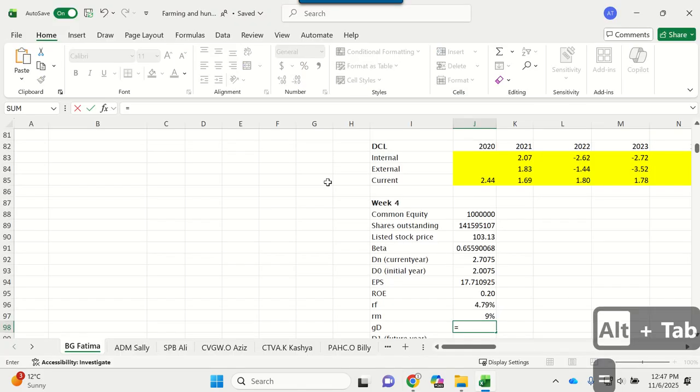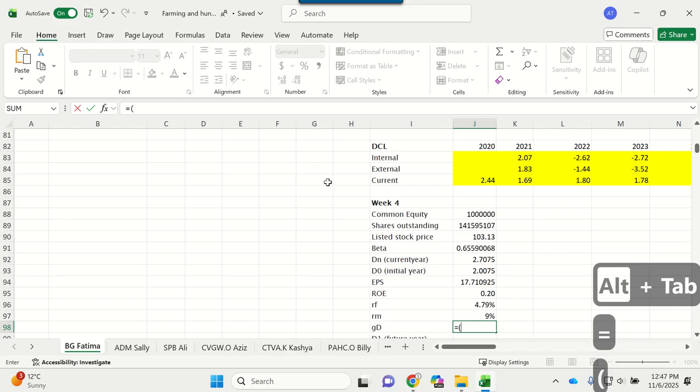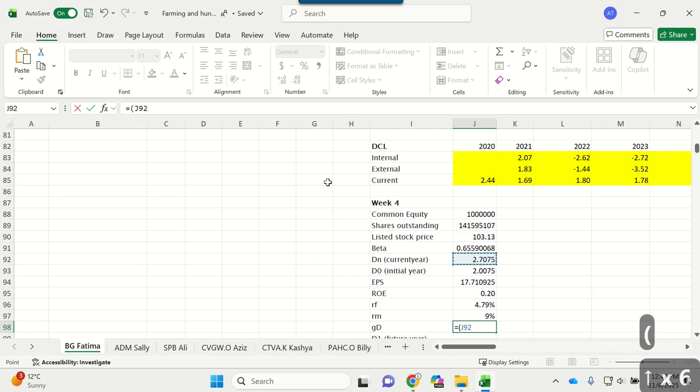So it's equal, I'm going to put it in brackets, the most current year, Dn, divided by the initial year, D0, close brackets, and an exponent is, you hold down shift and it's the caret, it's what you get when you hold down shift and press 6, and then in brackets 1 divided by 4, close brackets. And now if I put minus 1, the minus 1 is not part of the exponent. As soon as I close the brackets on that exponent, it's no longer exponent, so I can safely do this minus 1, and then enter.